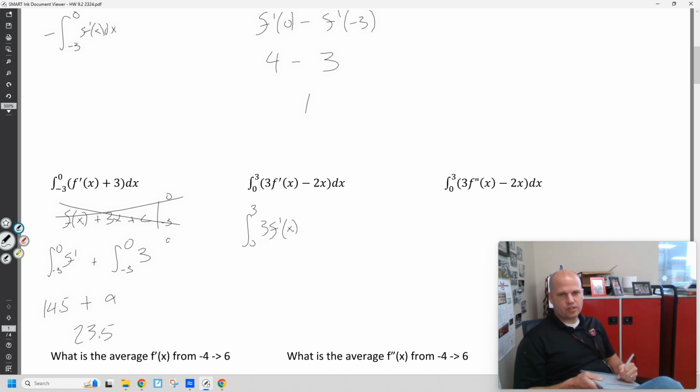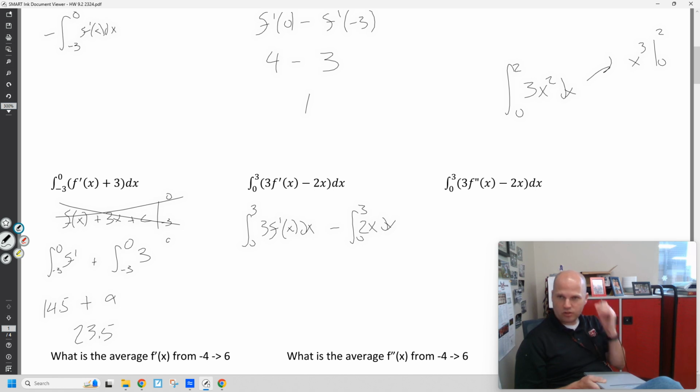Now, this is important. What if we have this constant in front of the function, like 3f prime? Well, if you think about if we want to accumulate 3x squared, you could just take the antiderivative and you'd get x cubed and find the change in that from 0 to 2.